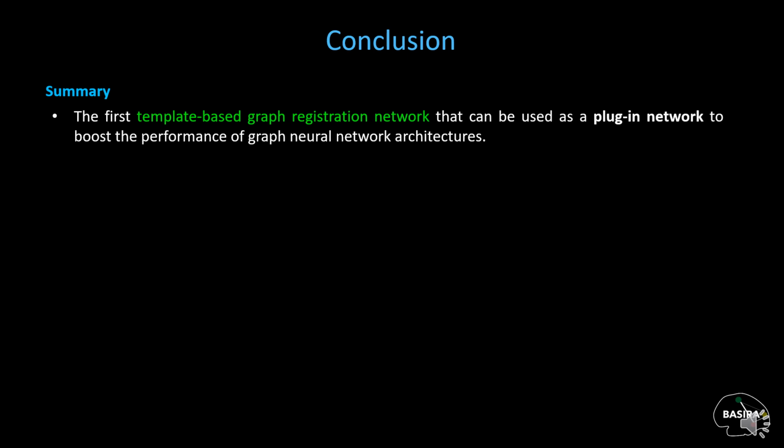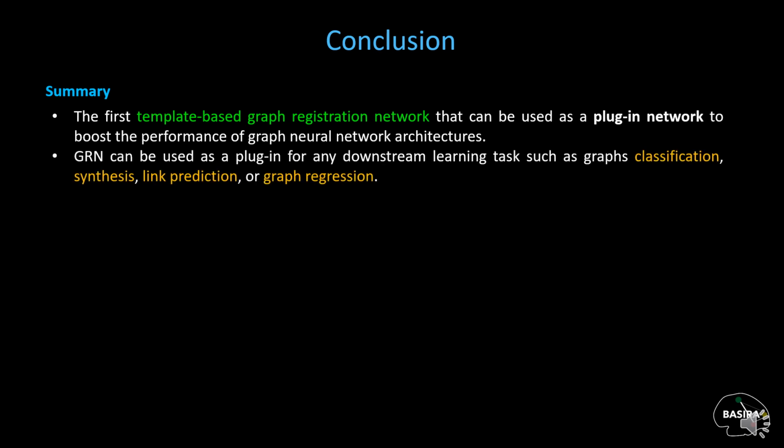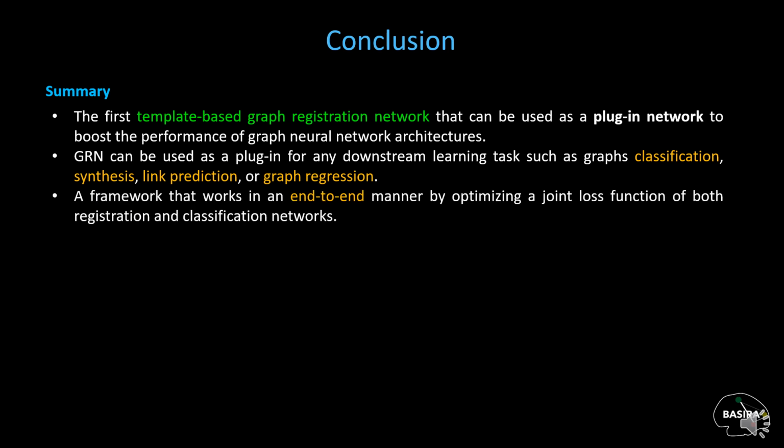In this work, we introduced the first template-based graph registration framework that can be used as a plugin to boost the performance of graph neural network architectures. GRN can be used as a plugin for any downstream learning task, such as graph classification, synthesis, link prediction, or graph regression. We propose a framework that works in an end-to-end manner by optimizing a joint loss function for both registration and classification networks.